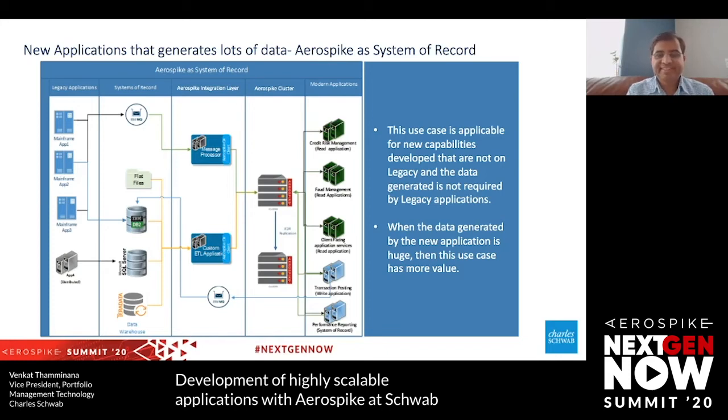In one of the projects we are working on, we plan to store over 500 terabytes of readily available, accessible data. And that's where we worked with Aerospike to come up with a hardware strategy on how we can store that kind of data.